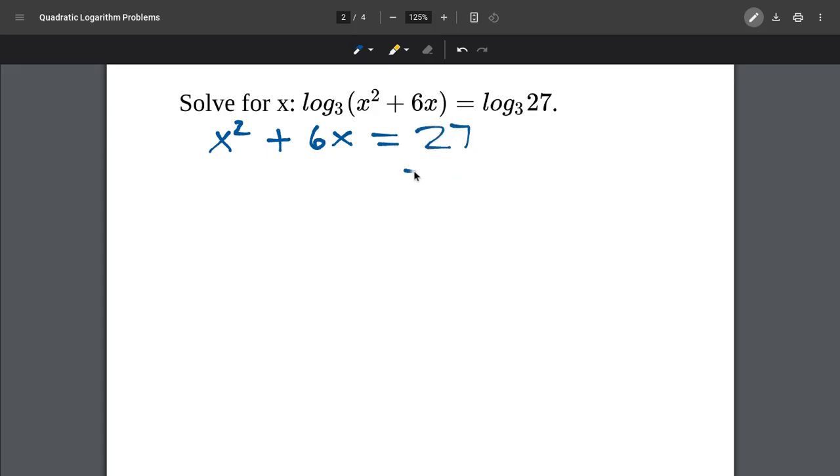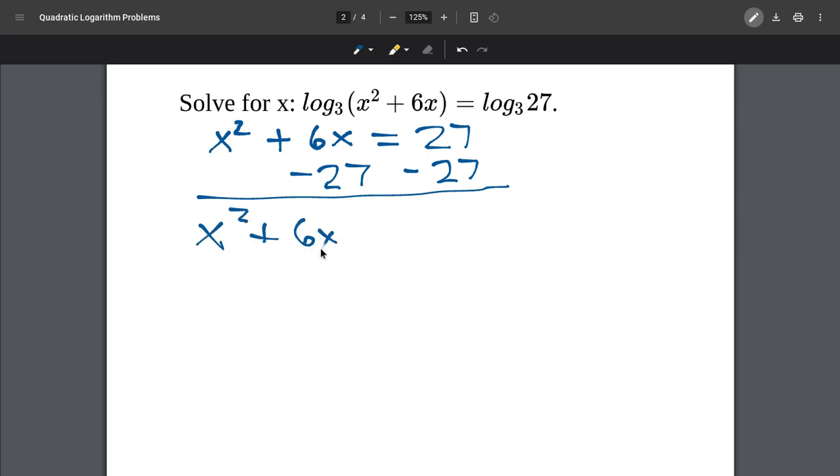We're going to subtract 27 from both sides, and we're going to get x squared plus 6x minus 27 equals 0. So we want to think about what multiplies to negative 27 but adds to 6.